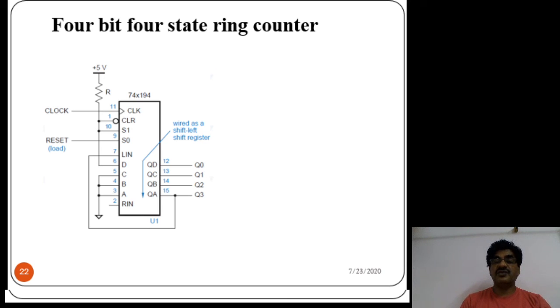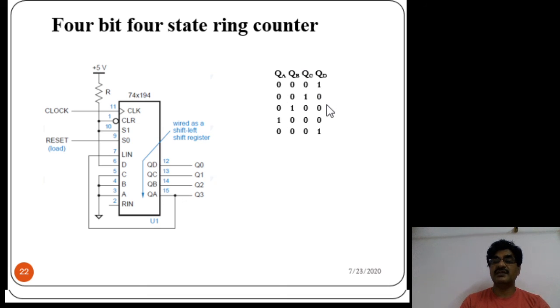After that, you need to apply a 0 input on the S0 line. When S0 is 0 and S1 is 1, the 74194 IC performs the left shifting operation. The initial state, the first state loaded, is 0001. After that you can observe the left shifting action. With one clock pulse, the left shifting in circulating fashion gives 0010.